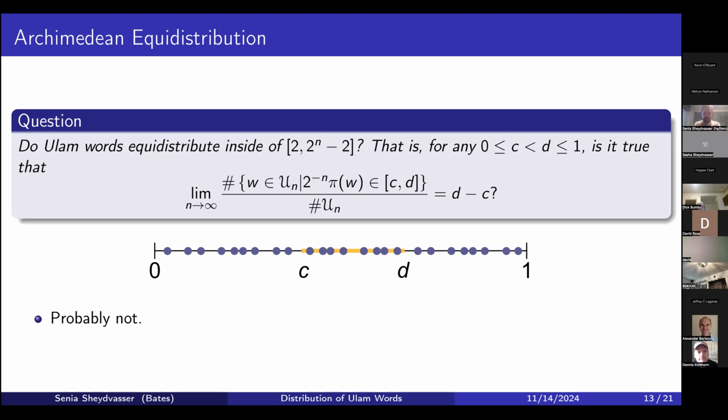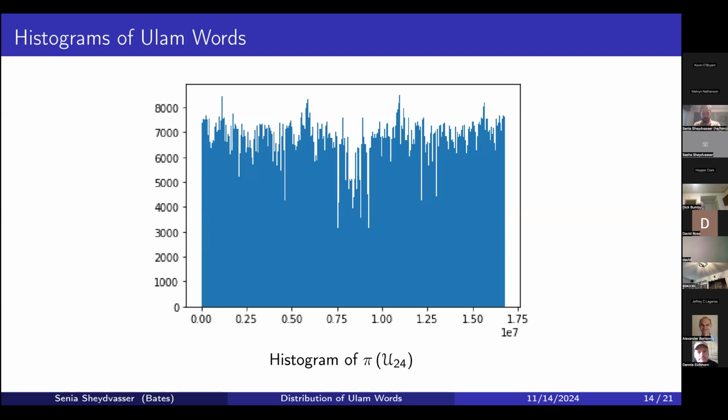Well, this is probably not true for Ulam words. Again, we don't have anything like a proof, but let me show you why I say this is probably not the case. Here's a histogram. What I've done is I've taken all words of length 24, converted them to integers, and then taken a histogram.